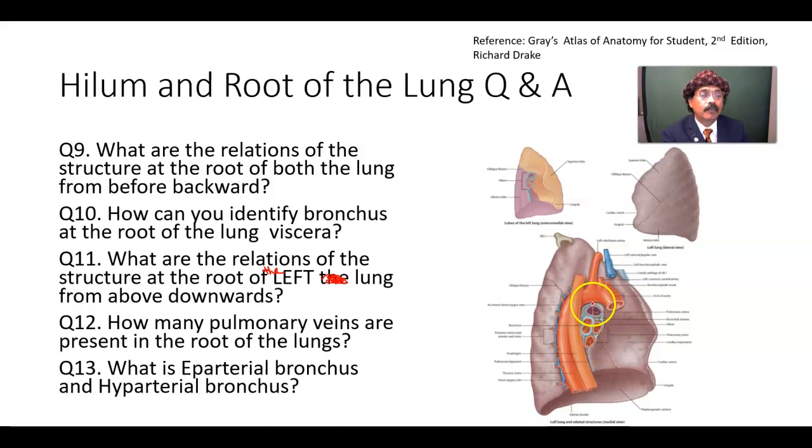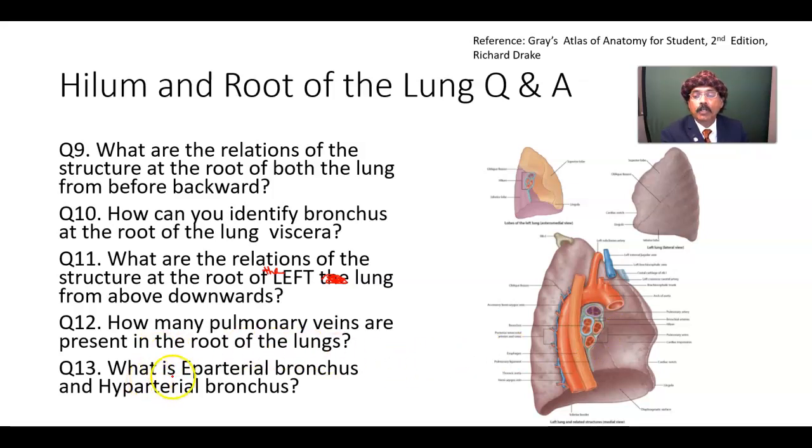These are from above downward. How many pulmonary veins are present in the root of the lungs? Both the left lung and right lung have a superior pulmonary vein and an inferior pulmonary vein. The superior pulmonary vein is above, the inferior pulmonary vein is always lower, and the superior pulmonary vein is always anterior.